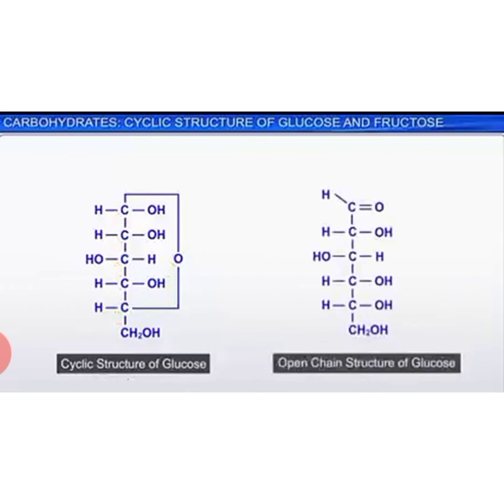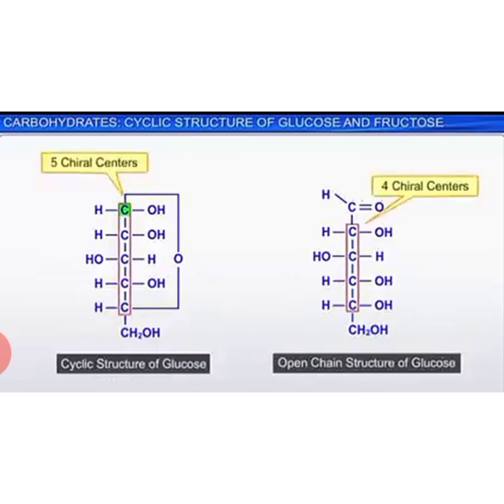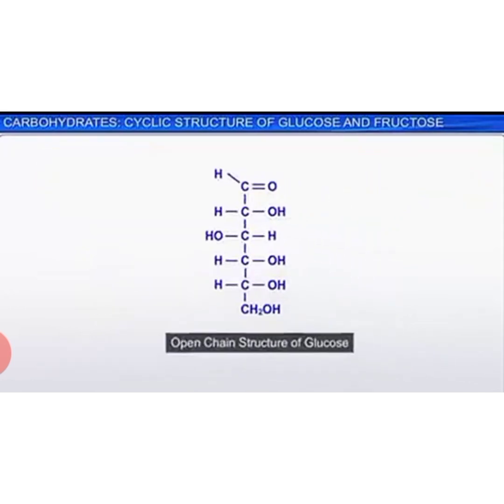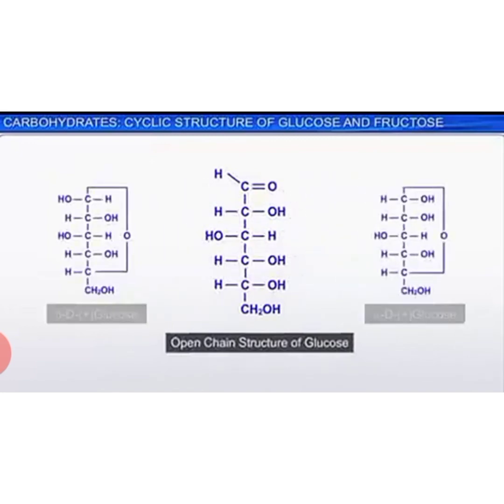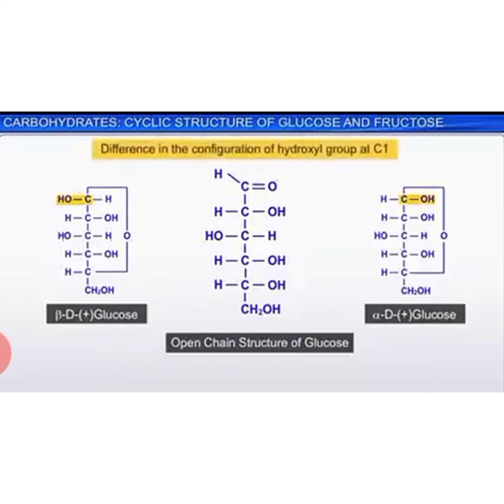This cyclic structure has one chiral center more than the open chain structure. Therefore, two possible isomeric forms are possible, as shown here. These two isomers differ in the configuration of the hydroxyl group at C1.